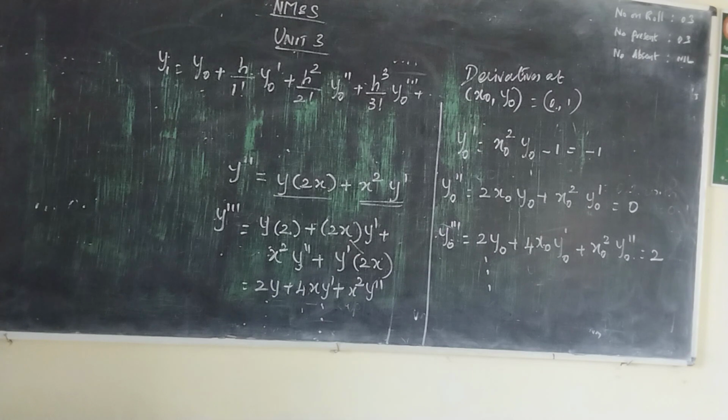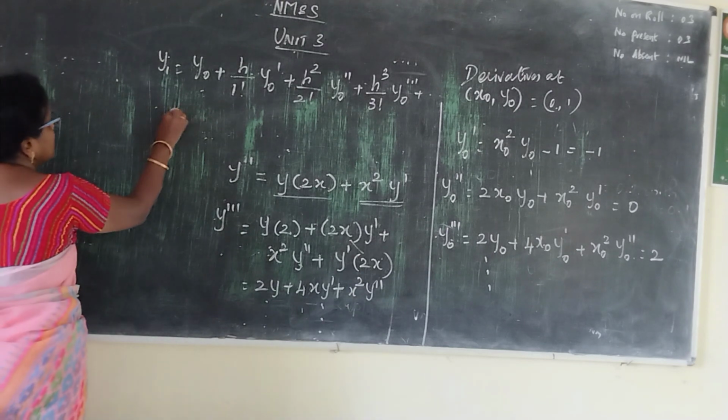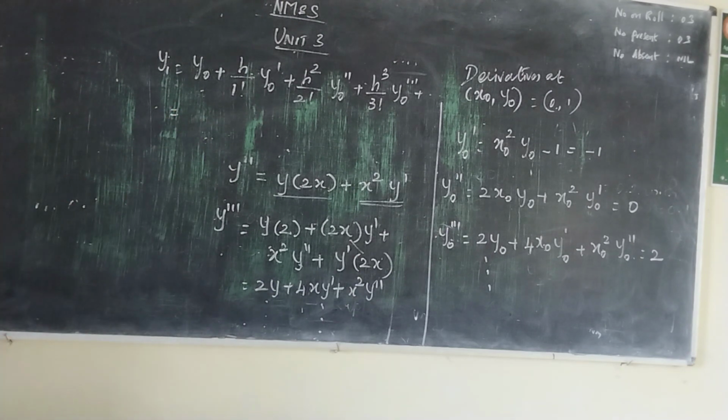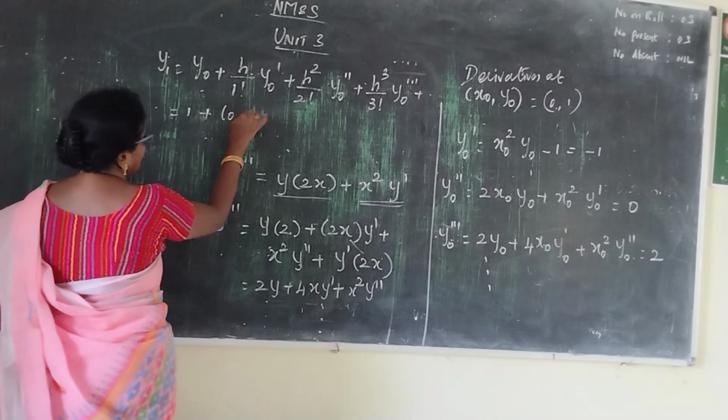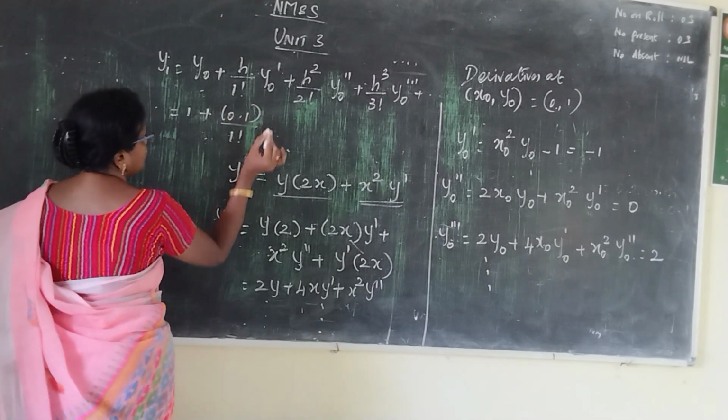So all are known values now, substitute. So what is y0 value for our problem? 1. Plus what is the h value? 1. Divided by 1 factorial into y0 dash.